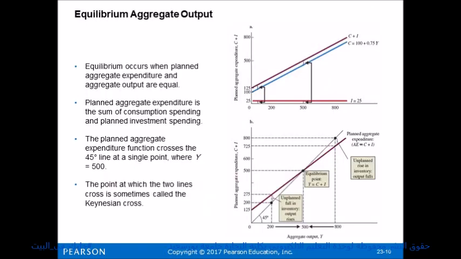The graph given here represents the results we obtained in our previous numerical example, showing how to determine the equilibrium level of output or income using schedules or tables. In the upper part of our graph, we see three things.